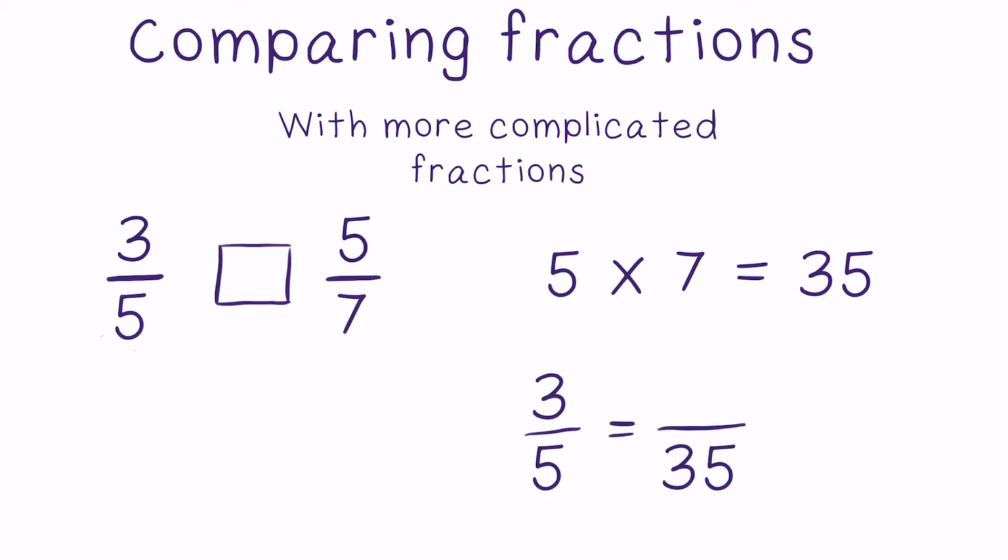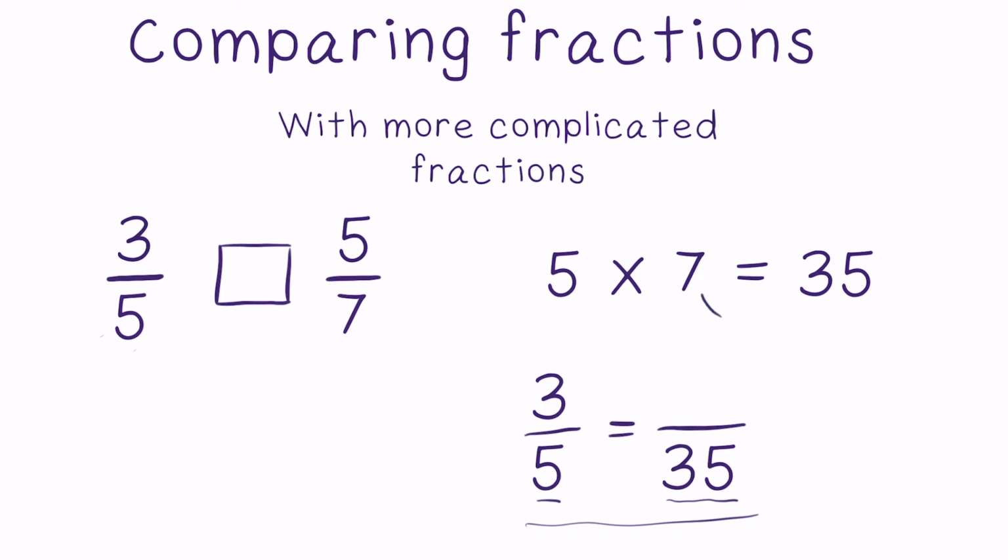We can start by converting 3/5 into a fraction represented in 35ths. So as you can see here, we have 3/5 and we'd like to convert it to 35ths. So what we're going to do is determine what we do with the 5 in order to make it into 35. And in this case, we can go right back up to the equation that we created to determine which denominator we were going to use.